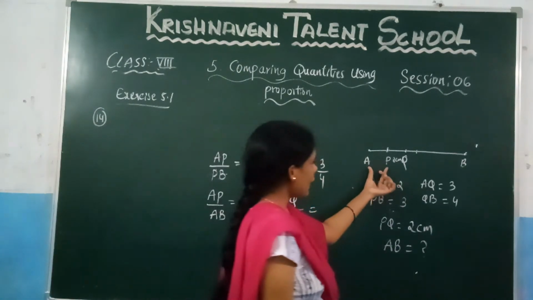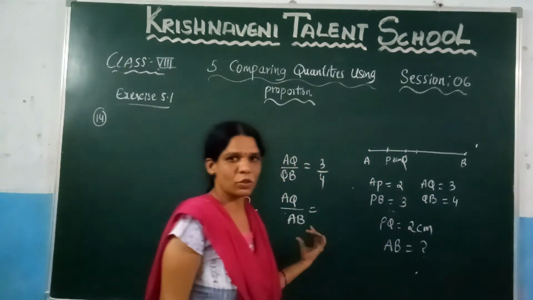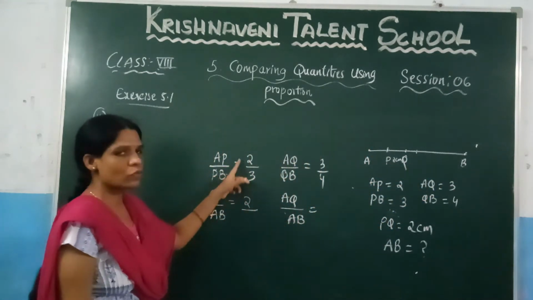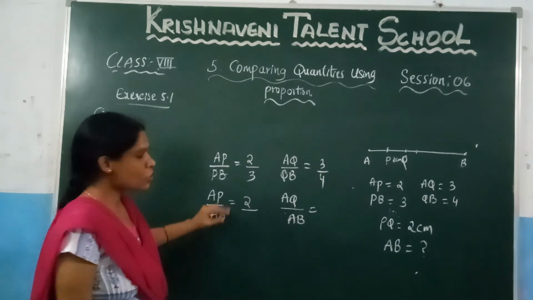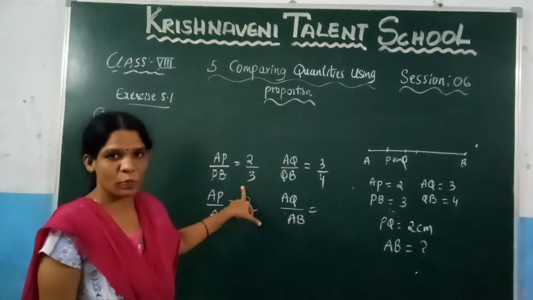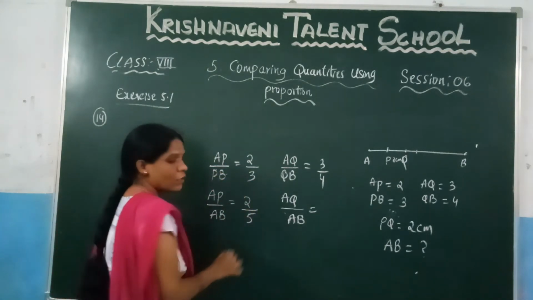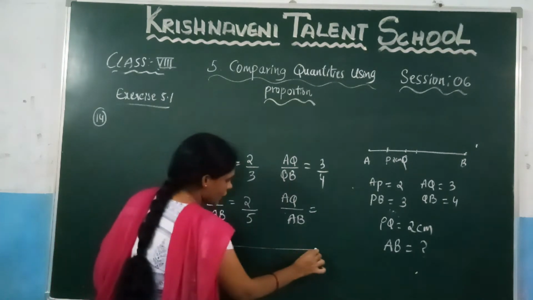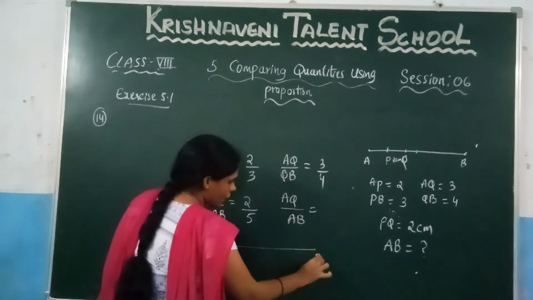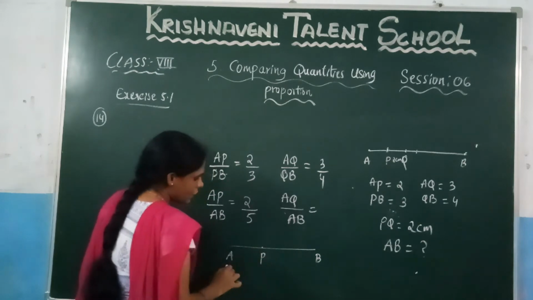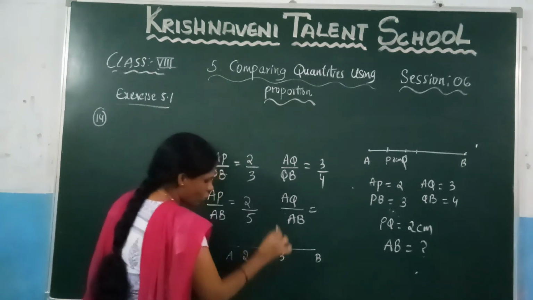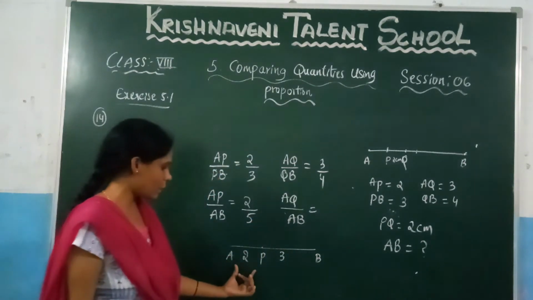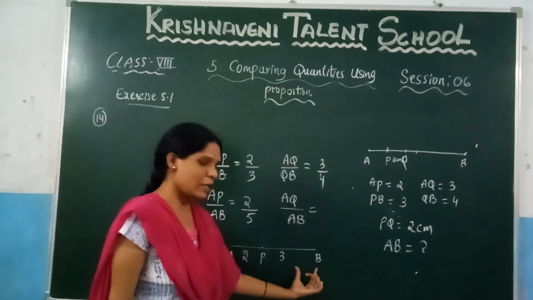What is the length of AB? If you add AP plus PB, you will get the total length. That means if you add these two values, you will get the length of AB. So let us add, what is the value of 2 plus 3? Which is 5. Why? Because if you are considering the line segment AB, this P divides this line segment in the ratio of 2:3. That means the length of AP is 2 and the length of PB is 3.